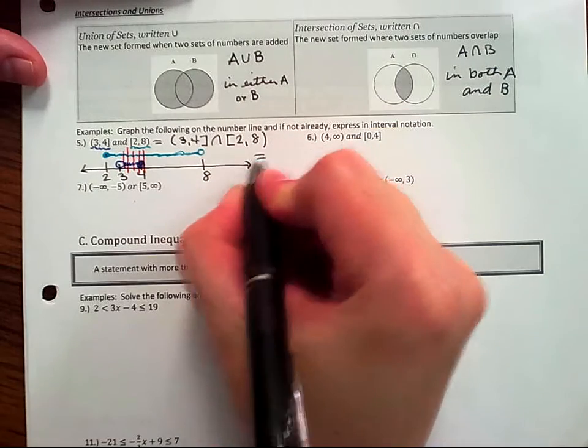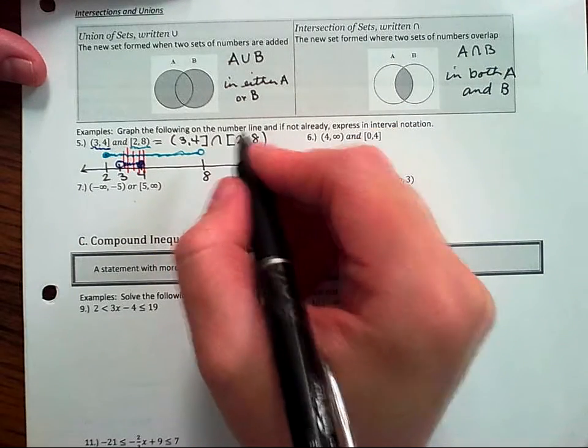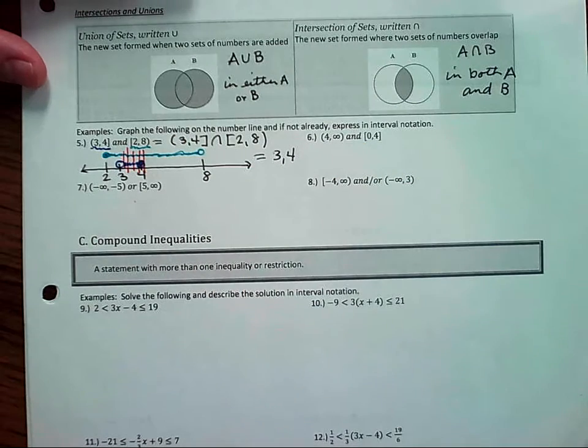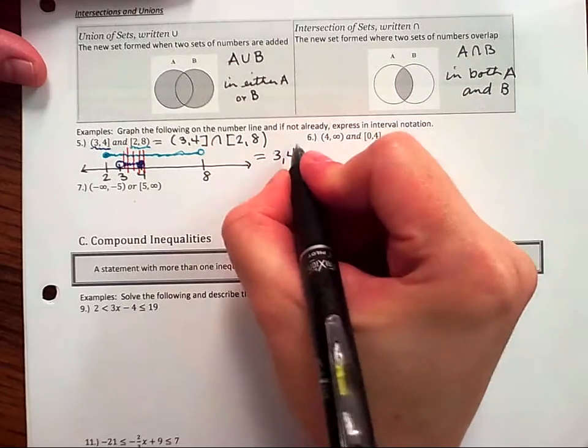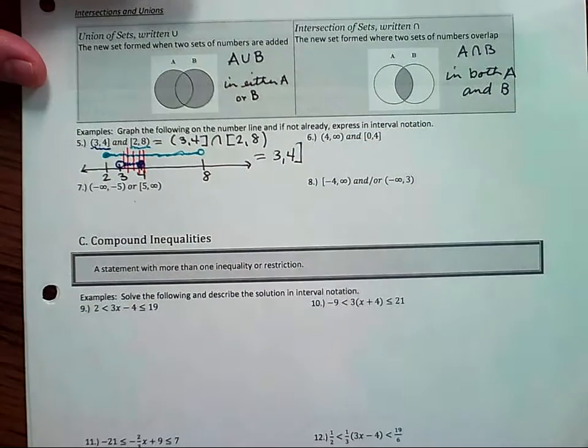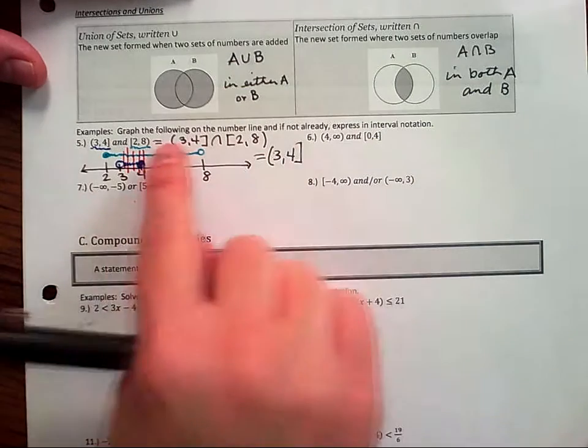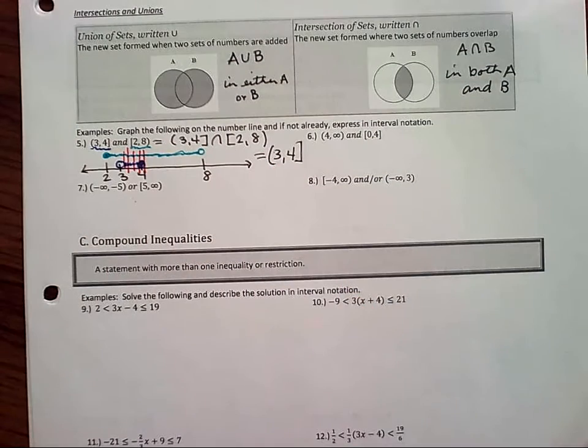What's shaded in both? 3 to 4. Tell me about the brackets. Is 4 in both? Is 3 in both? 4 is in both, so that's going to be a hard bracket. 3 is not in both, but everything up to 3 is in both, so it's a soft bracket, right? So really, this is just the one thing. Okay? So I'm looking for the overlap.